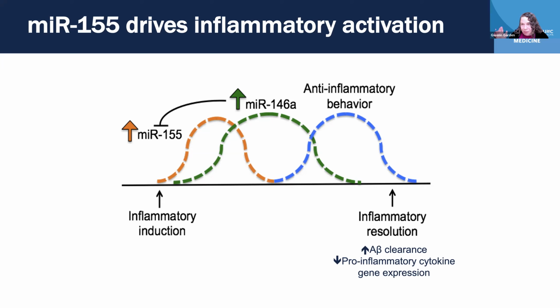A is the major one, but there's like a B and a C. And microRNA 146 actually has an anti-inflammatory effect. So microRNA 155 is the inducer, and then it induces its own negative regulator. And what we see in microglia is the phases of miR-155 going up, miR-146A going up after inducing miR-155, and then the induction of eventually more anti-inflammatory behavior.